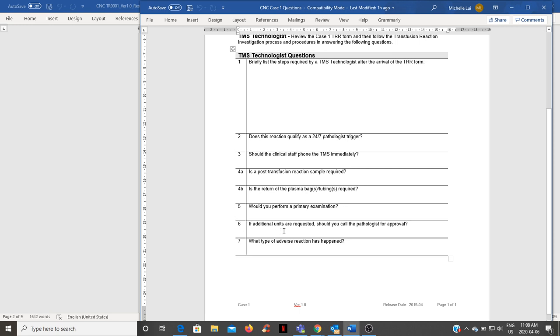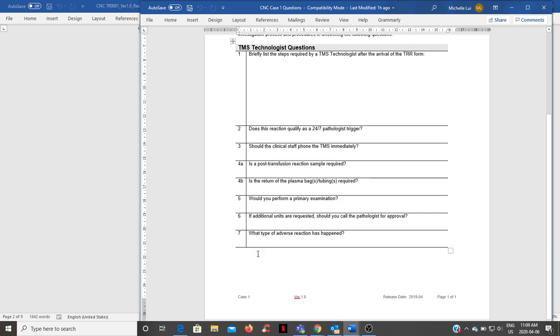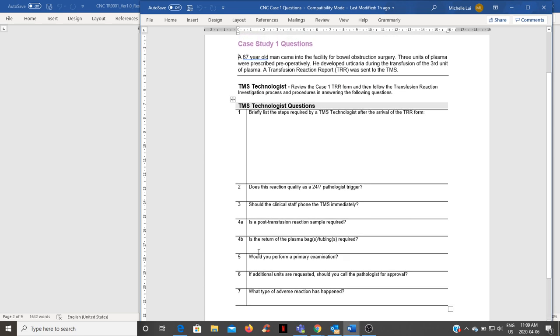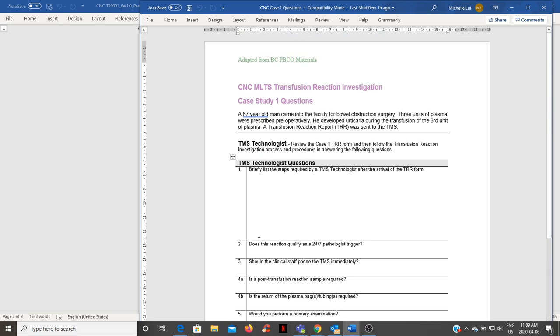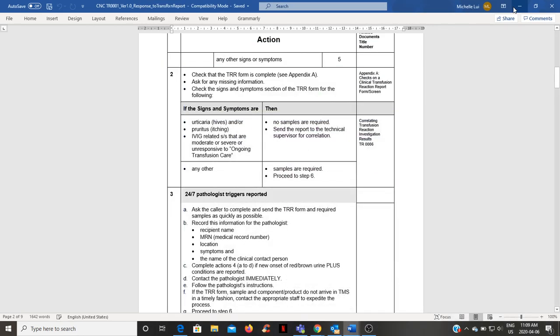If additional units are requested, so before the investigation is complete, should you call the pathologist for approval? You can follow the steps and see what you think for this case. So that's case number 1. More of a simple, straightforward one.